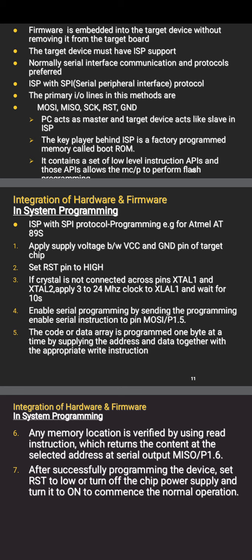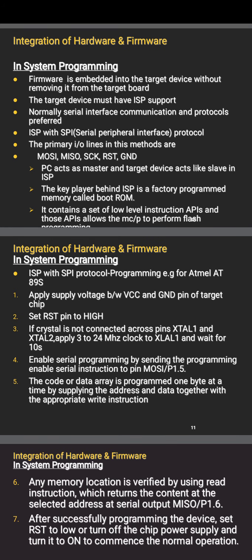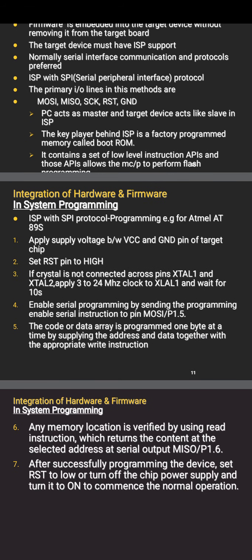The only thing is that at the time of programming, when we are transferring data from the computer to the target board, it should be in ISP mode. The ISP mode, that is in-system programming mode, should be powered on before performing the data transfer. For the interface between the target board and the PC, the target device should be powered to ISP mode.